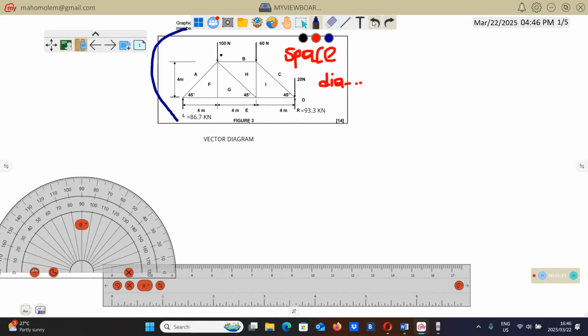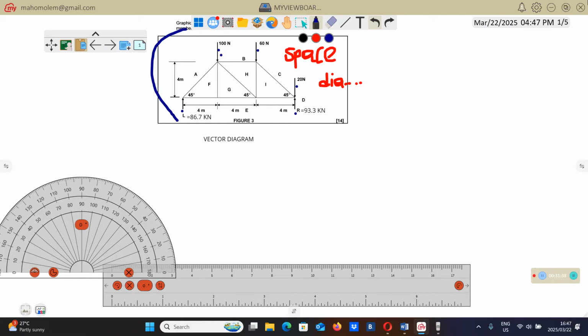To draw that, we can start with any force, but normally we start with the known forces, which normally will be the external forces. I'm talking about this force 100, this force 60, this one, and this one. We know the magnitude of these forces.